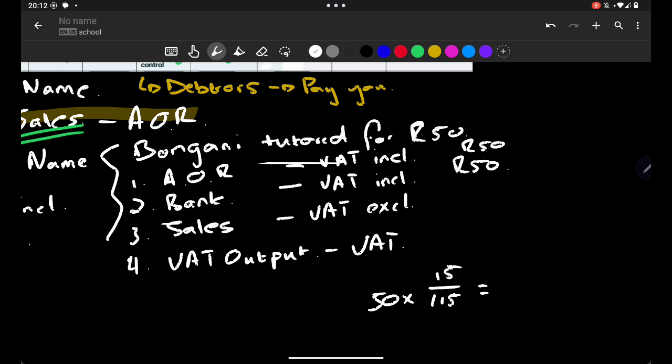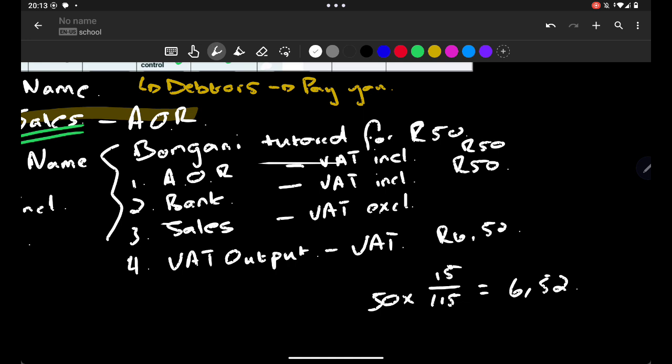So put that quickly into your calculator. 50 multiplied by 15 over 115, and that will give us 6,52. We're rounding to 2 decimal places, right? So our VAT on this sale is 6 rand 52 cents.